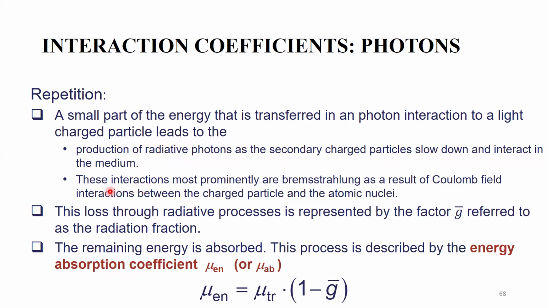It also leads to Bremsstrahlung radiation. We talked about it at length. So I have two factors here: the production of secondary charged particles, and also the interactions which are prominently the Bremsstrahlung radiation. These we obtain because of the Coulomb field interaction between the charged particle and the atomic nuclei.